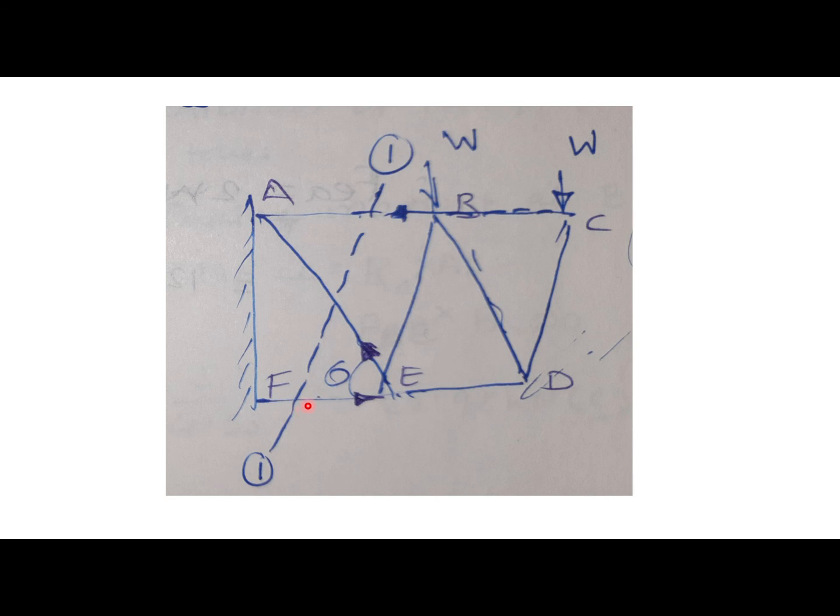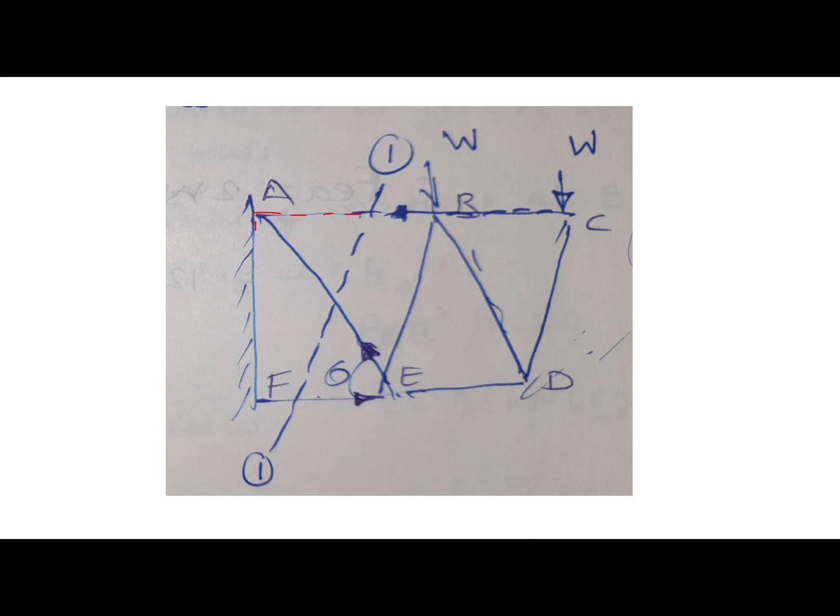Now one thing is there, students, kindly keep it in mind. After taking the section, we have to consider either the left part or the right part of the figure. And while drawing the free body diagram, we are supposed to highlight or draw the part which we don't consider by dotted lines. I hope you have understood this.